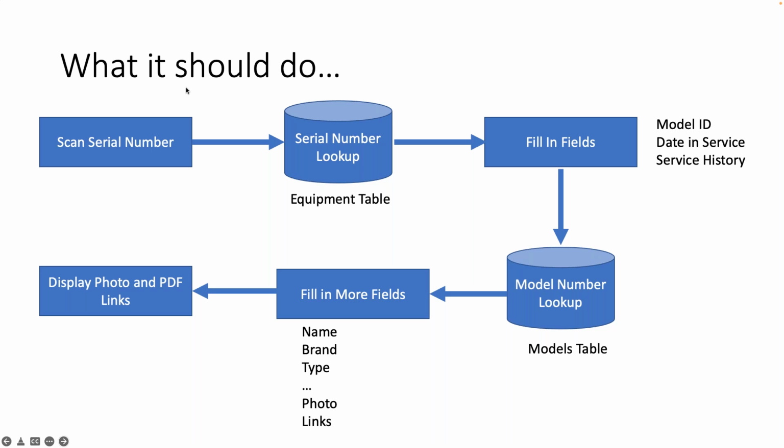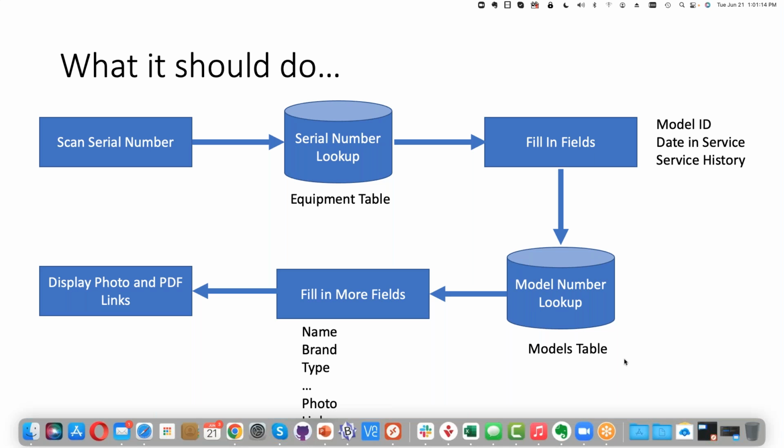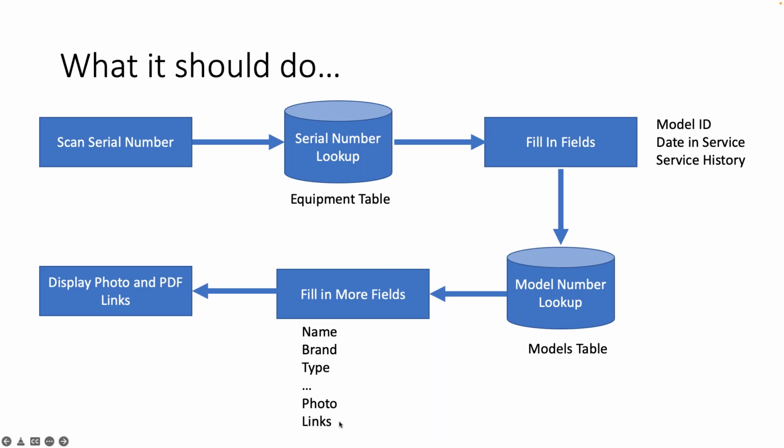So once it looks up the serial number, it can look up what the model is of the thing that they're inspecting, the date in service, the service history. It could show you a picture of it. It can include links to documentation like installation instructions or specification sheets. And all of that can be handled in SQLite databases, something that I showed you how to do last week.